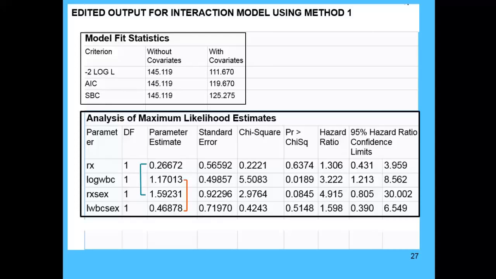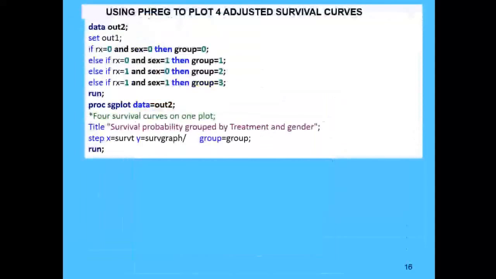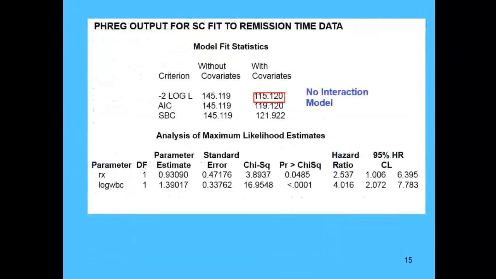What was the minus 2 log L for the no interaction model? Well, we'd have to go back and search through all this stuff. It was 115.120. That's what it was for the no interaction model. So if you wanted to compare the interaction model to the no interaction model, what would you do?